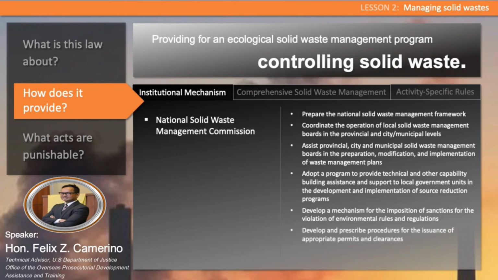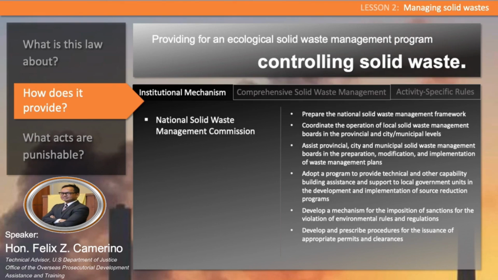Okay, what else? Develop and prescribe procedures for the issuances of permits and clearances. Okay, so it's talking about the rules on issuing permits and clearances, and in a way, this already hints that those are essential requisites for some activities that, in the absence of, there would be a violation, right?